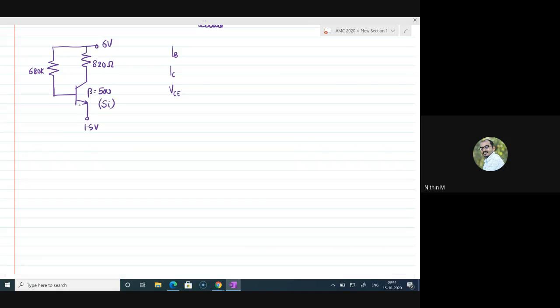So now you can see this is emitter, this is base, and this is collector, and the two junctions will be biased. So one is emitter base junction and the other is collector base junction, right? The first thing is we will try to see how the junctions are biased.